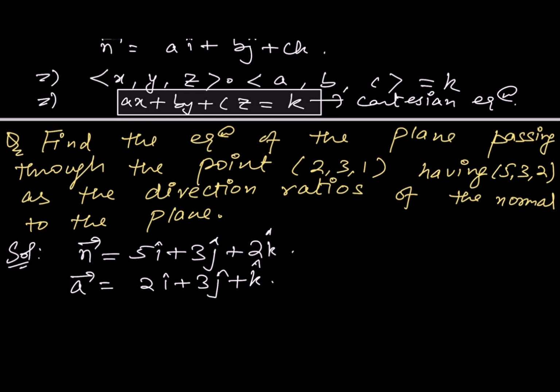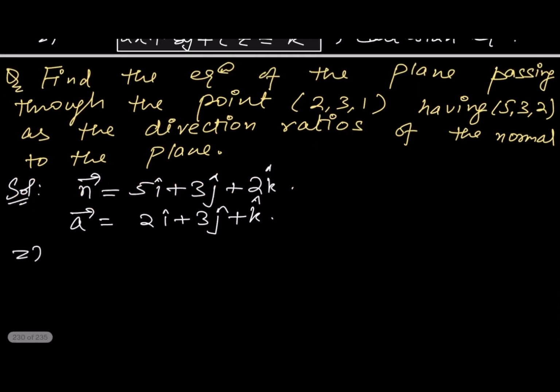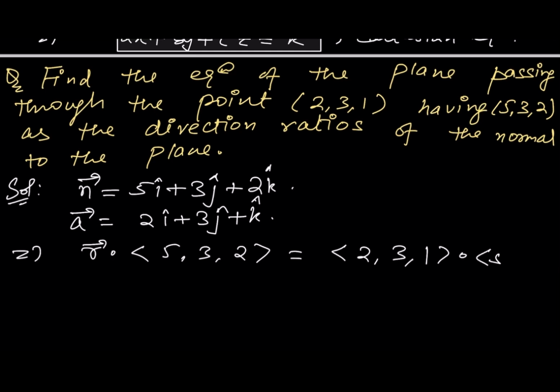Okay, so the equation of plane will be r dot n, that is (5, 3, 2), is equal to a dot n, that is (2, 3, 1) dot (5, 3, 2).